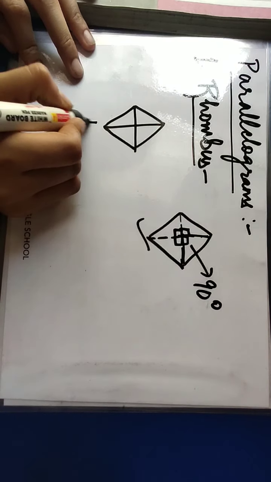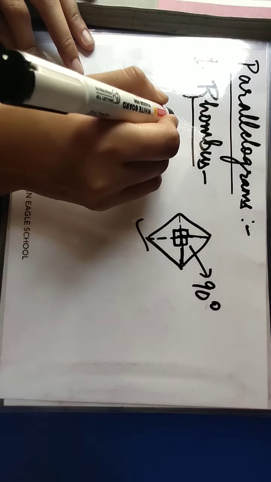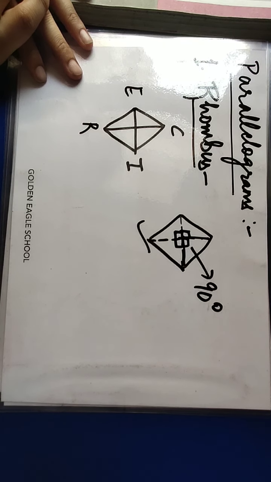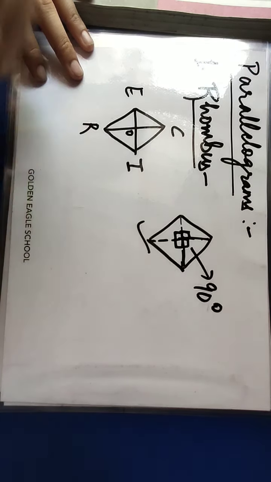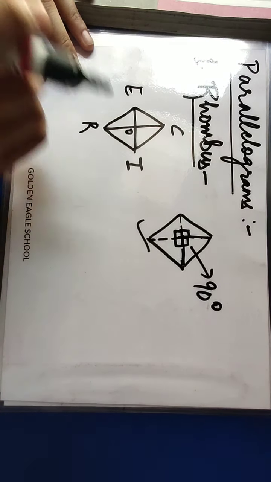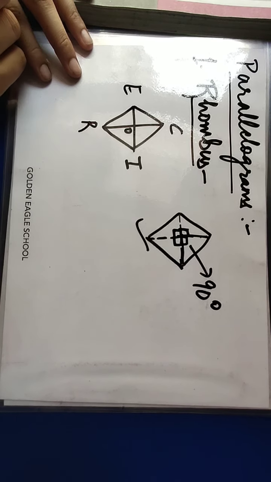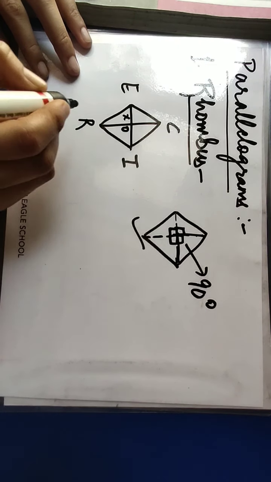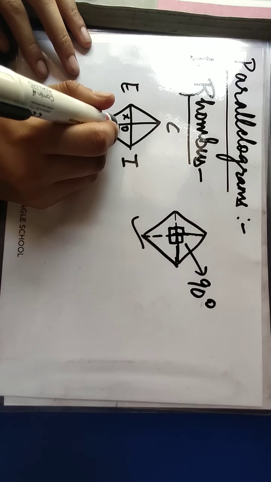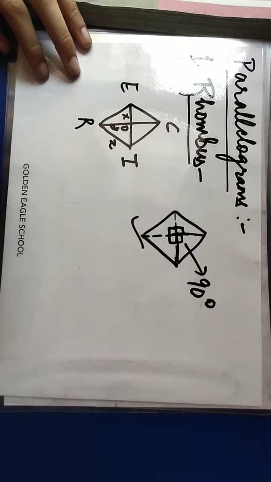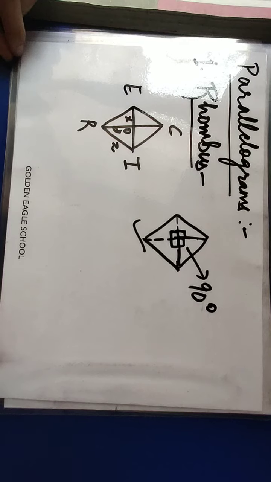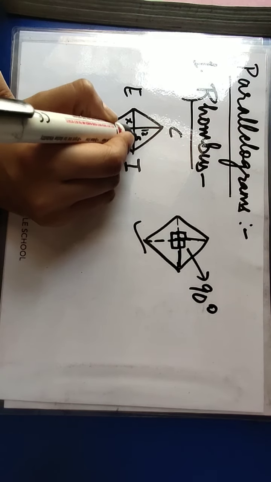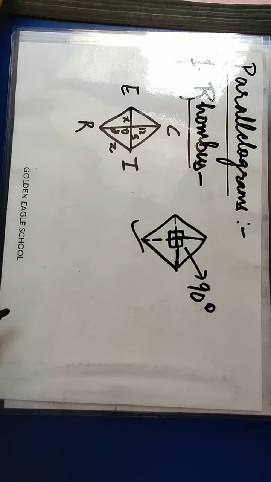The rhombus is R, I, C and E. We are given the midpoint is O. We have to find X, Y and Z. This is X, this is Y and this is Z. So we have to find all these three sides, and we are given that this is 12 and this is 5. So how are we going to find it?